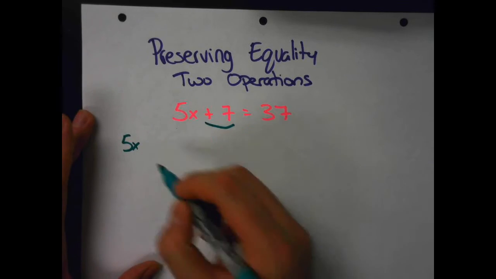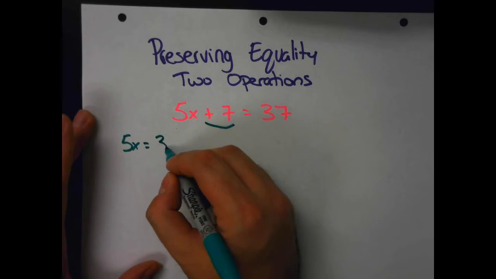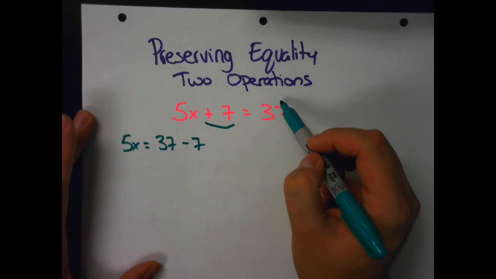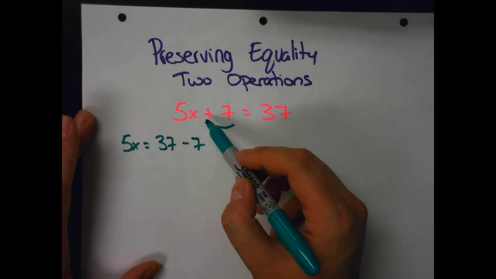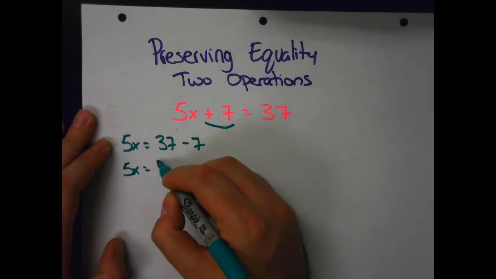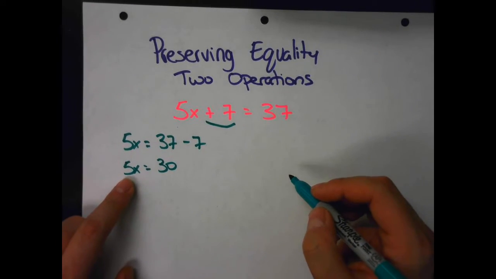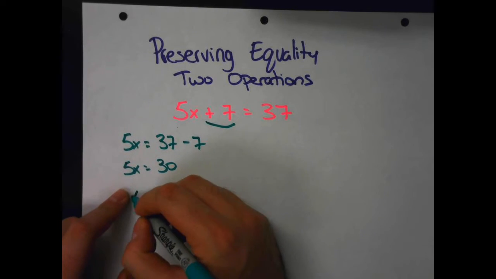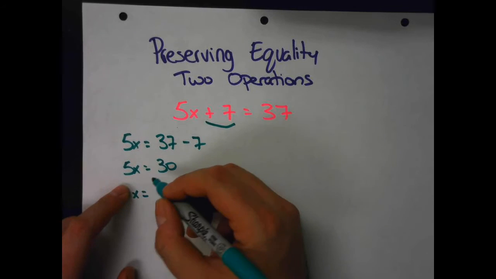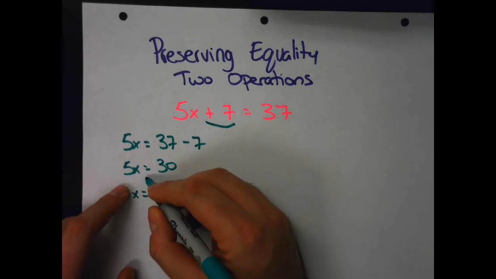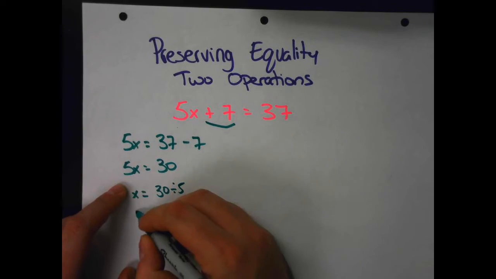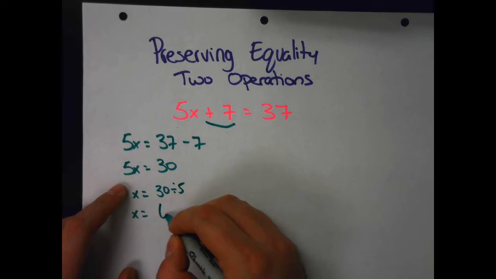So 5x equals 37 minus 7, because when you bring it over to the other side, if it's positive on one side, it's negative on the other side. 5x equals 30. And because this is being multiplied, to undo multiplication, you need to divide. x equals 30 divided by 5. x equals 6.